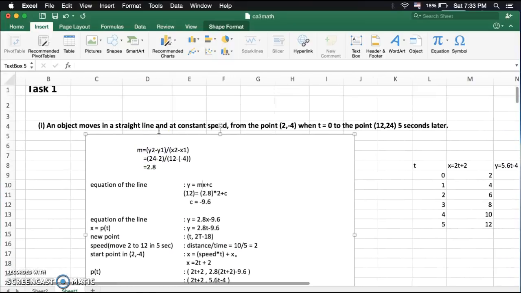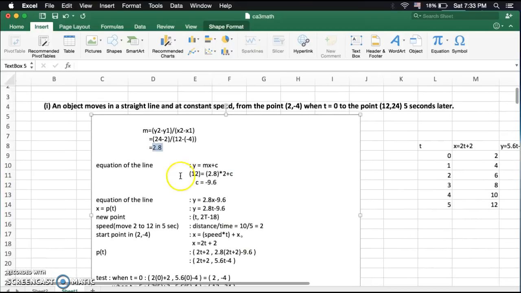We use the points given: y2 minus y1 over x2 minus x1, which is 24 minus 2 divided by 12 minus negative 4, and we obtain the gradient of the line, 2.8.